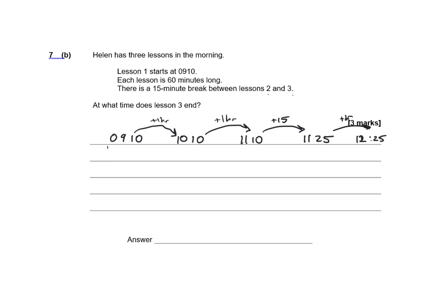The arrow by arrow approach I found much better. If you start using column methods with time, then it's tempting to lose track of the fact that it's 60 minutes in an hour rather than 100, and it can complicate matters.